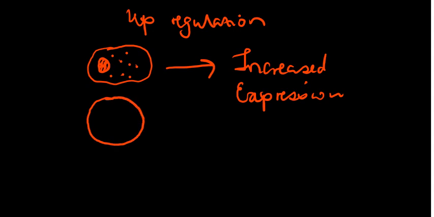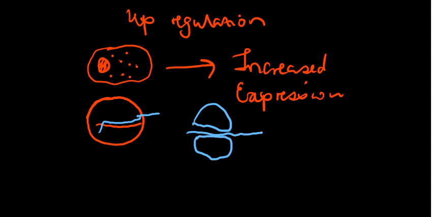Because the process of transcription occurs in the nucleus, isn't it? We have the DNA template strand, and we have the new RNA being synthesized, which later has to go out of the nucleus to be translated by the ribosome. So whatever is happening internally, inside the nucleus, will result in an increased expression of genes.